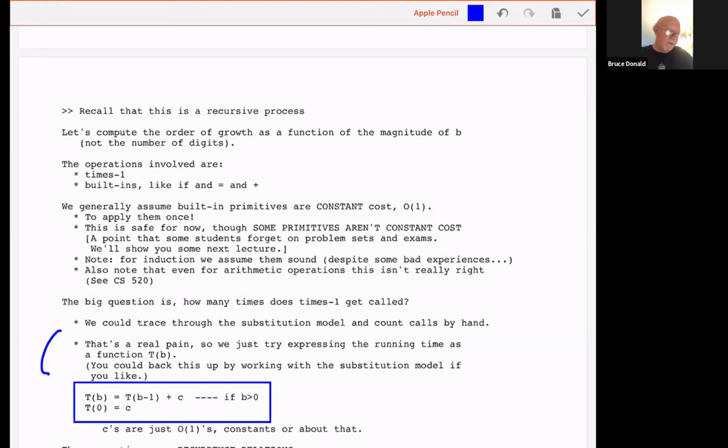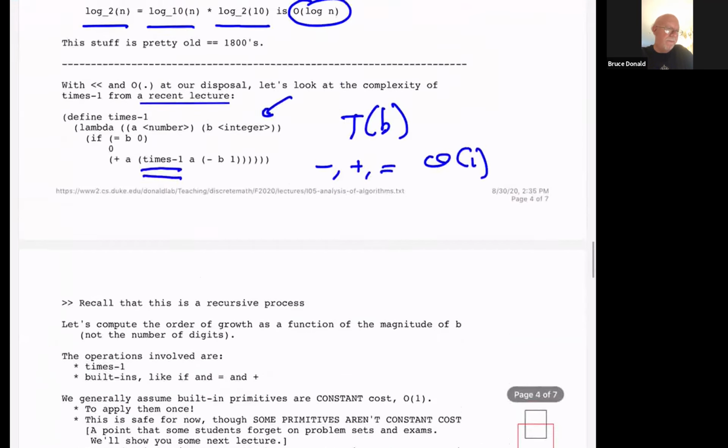If you think about this, the time complexity when applied to 0 is some constant, as I've shown here. The time complexity when applied to b is going to be some constant amount of work, because a bunch of constants add up to a constant, plus the time to call yourself recursively on b minus 1. We can see that directly from the code here.